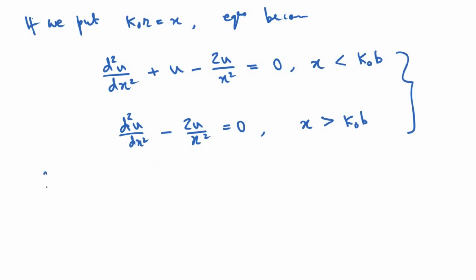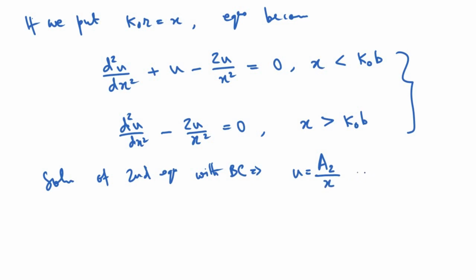Now the solution of the second equation, with boundary conditions, will be u is equal to a2 divided by x for x greater than k0 into b.